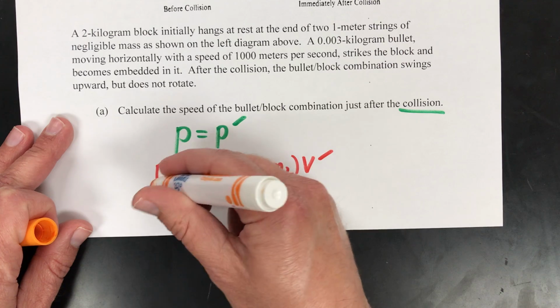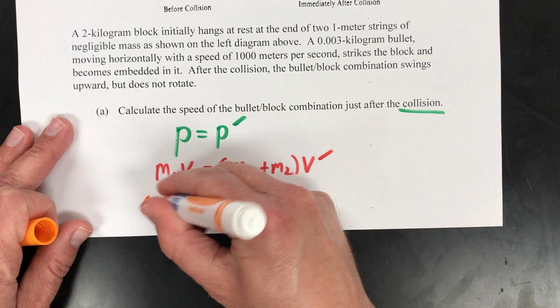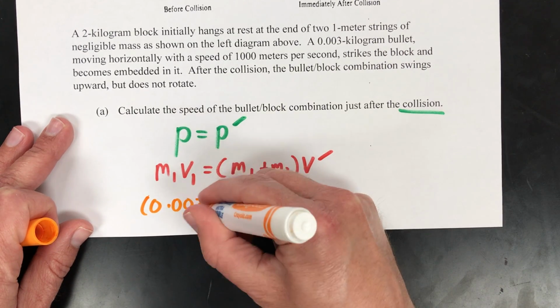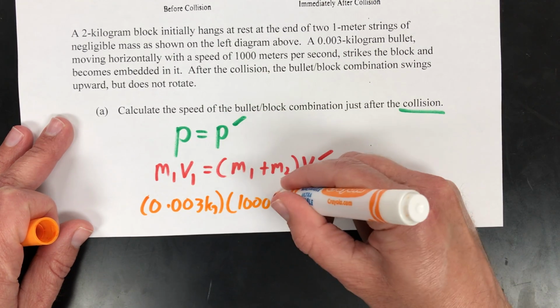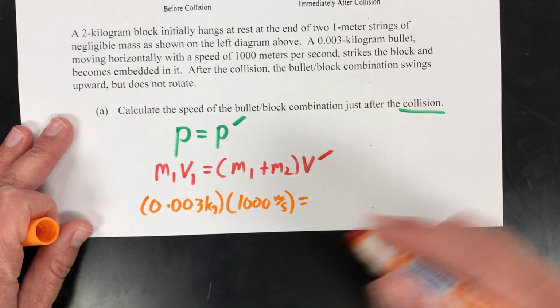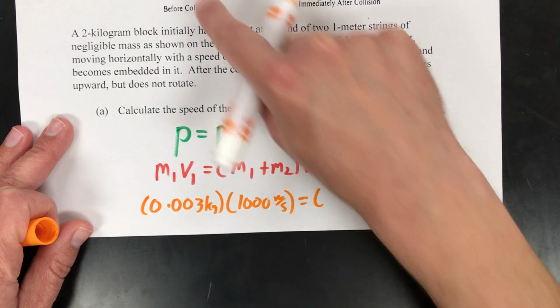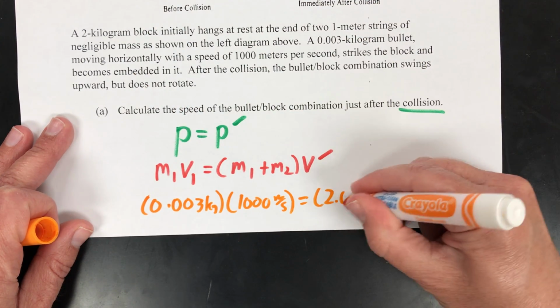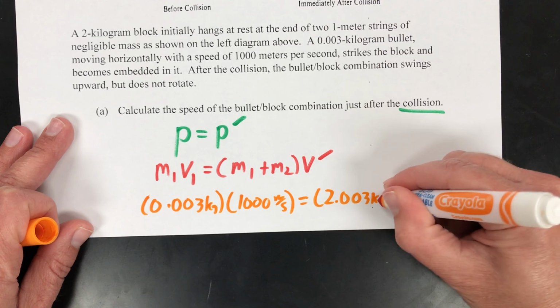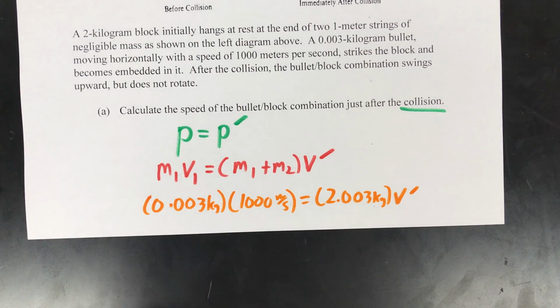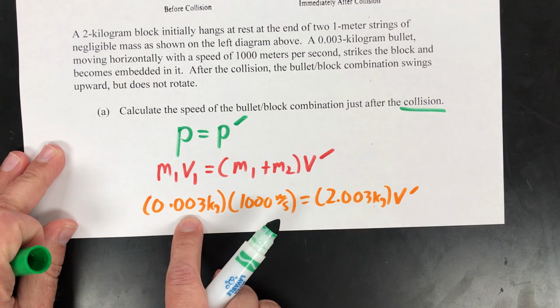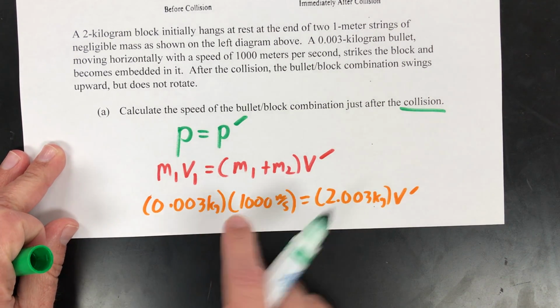So let's plug these numbers in here. The mass of the bullet is 0.003 kilograms, and it's going 1,000 meters per second, and that will equal afterwards their combined mass, 2.003 kilograms times some unknown velocity. So to solve for this one, all we have to do is multiply 0.003 times 1,000.